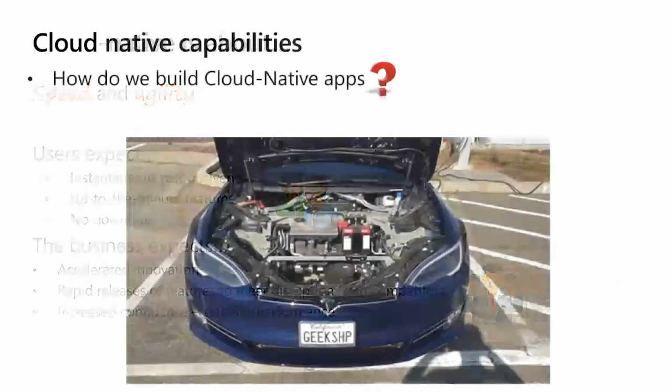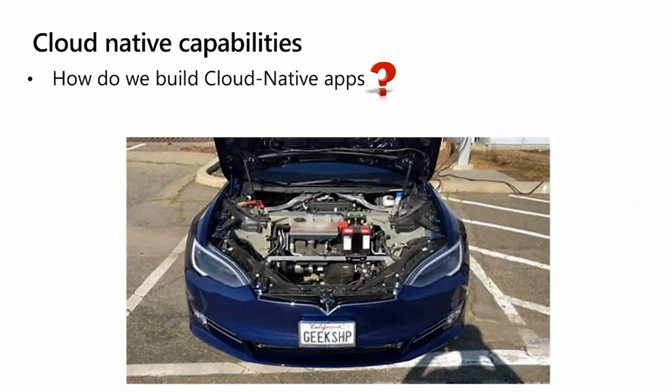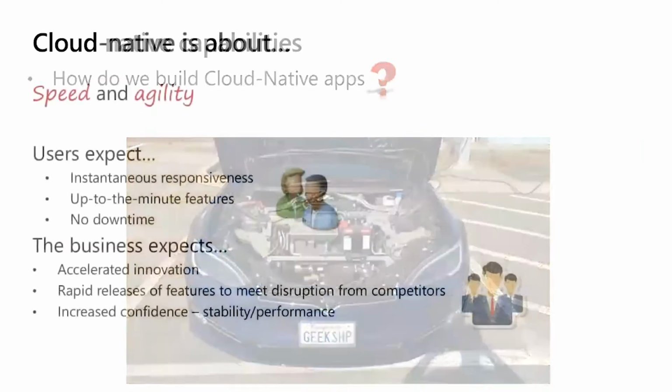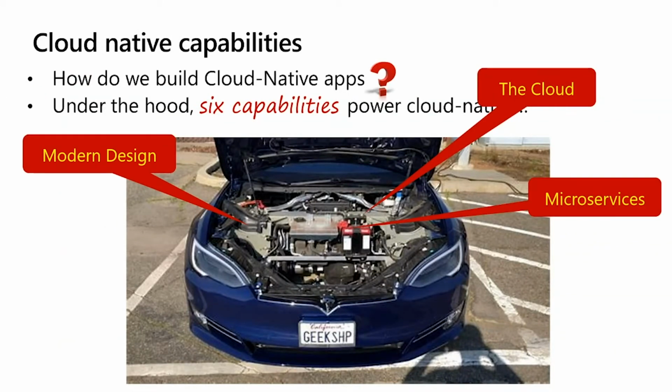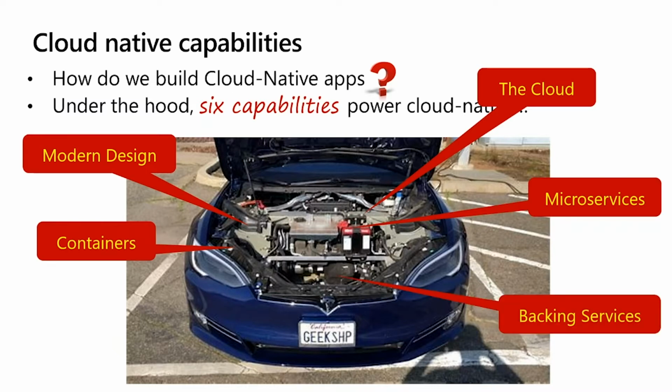So if you really want to deep dive into cloud native capabilities, these are the 6 things that it basically revolves around, right? One is the cloud, where you natively design the application, and it has to talk about modern design. If you are choosing microservices as a way to deploy your applications, you can have that. And then containers to package or containerize your applications with all the dependencies included.